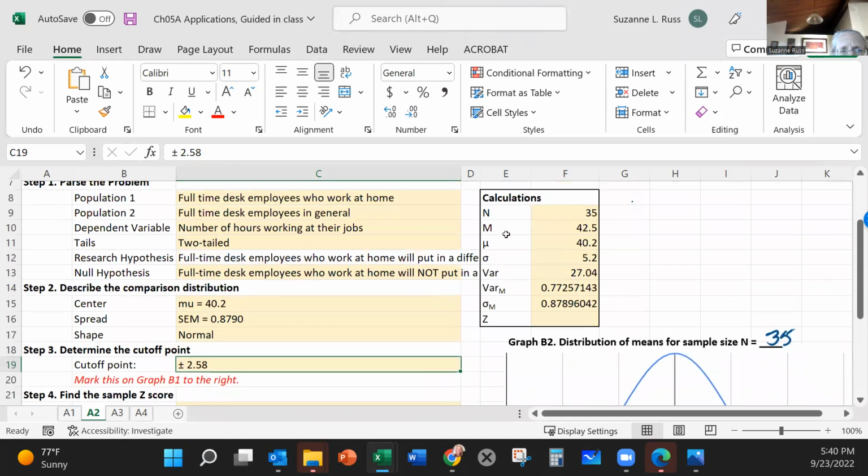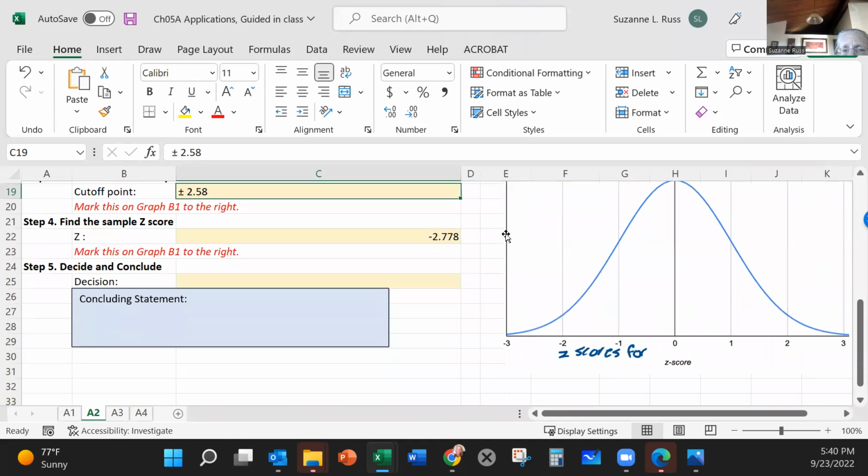In this example, our dependent variable is numbers of hours working at jobs. Numbers of hours working at jobs. There, now I've got things labeled.